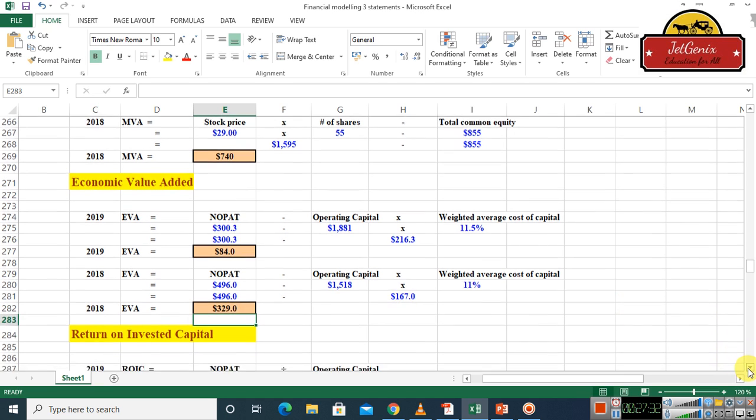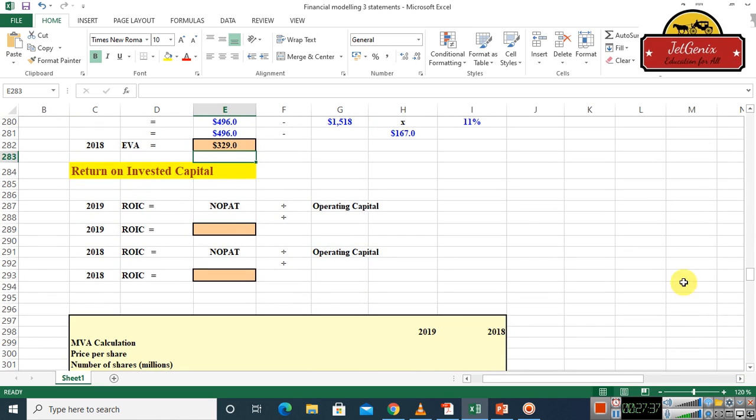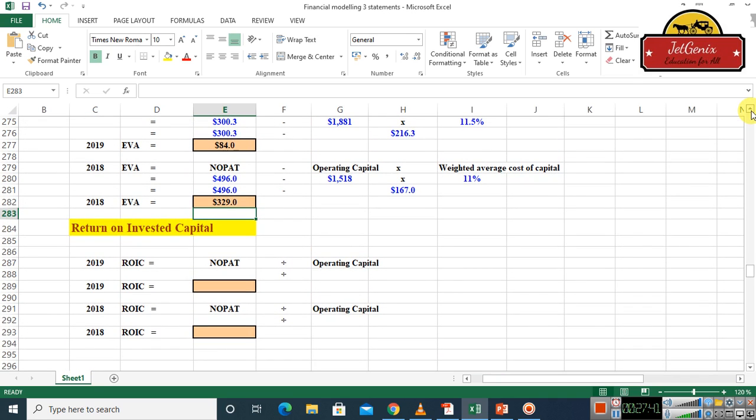Of course the video became very long, but we have to calculate the return on invested capital again. Let me finish it and then we will see how we can calculate the other things as well. So ROIC, return on invested capital, for 2019 is equivalent to net operating profit after tax, and we can find it here.